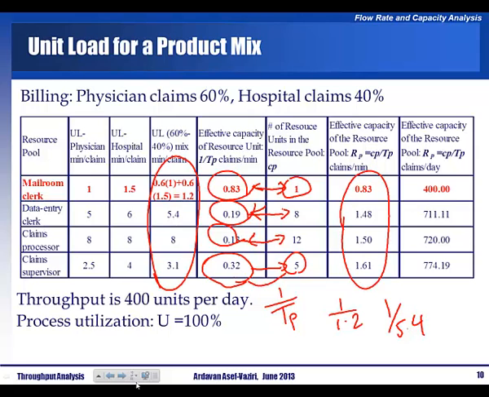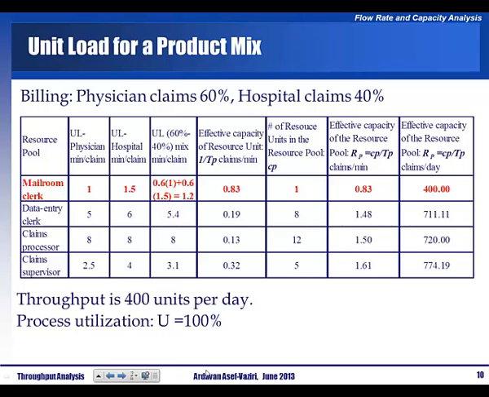Why do I get it per minute? Because these numbers were in minutes. So these are capacity per minute. If I multiply by 480 minutes per day, I will get capacity per day, which is here.